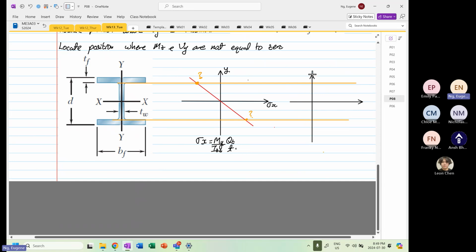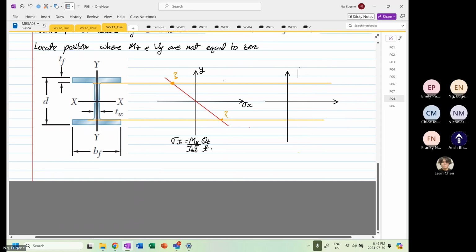Okay, so now if we were to look at the shear, right? So you have the shear XY, right? And then you have your y value.